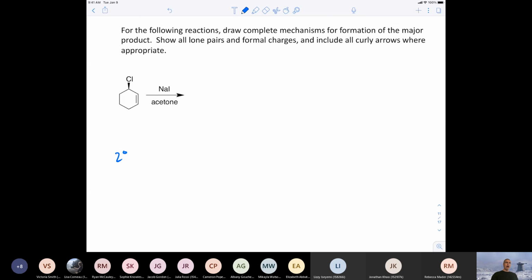And NaI, that's not an alkoxide, but it is negatively charged. It's I minus is really what we should be thinking when we see NaI. It's a strong nucleophile and secondary. And if you look at the table, that gives you SN2. Great, let's do SN2.